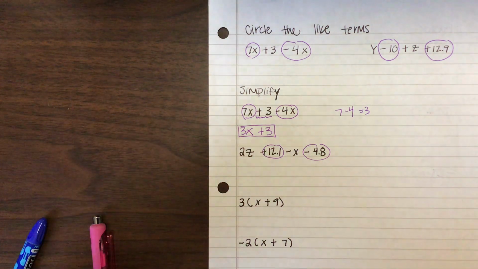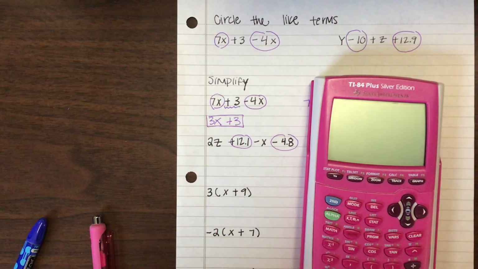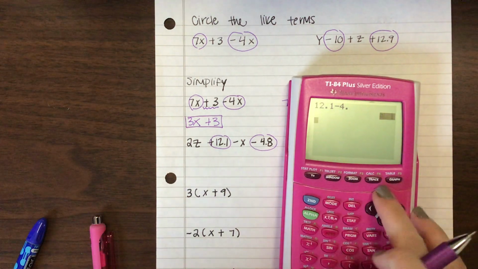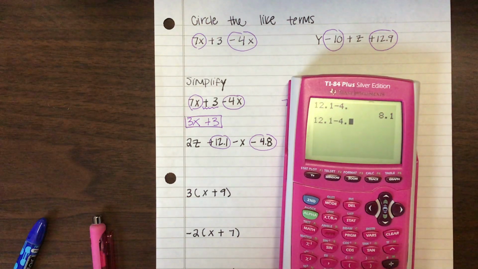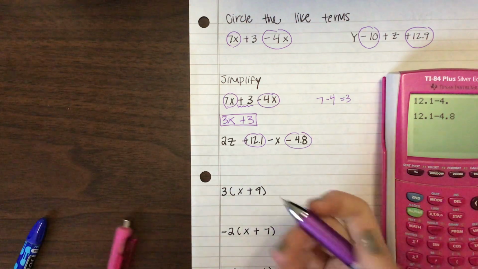So I'm going to do 12.1 minus 4.8, which is 8.1. Whoops, just kidding. 7.3, that seems better.